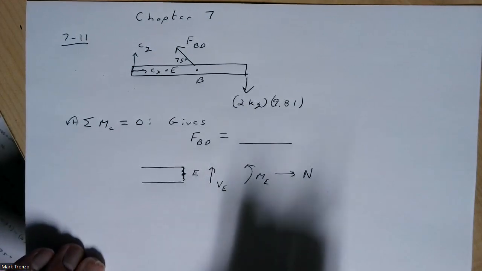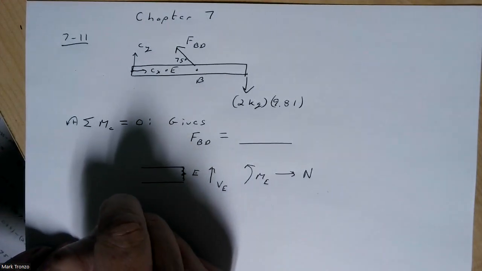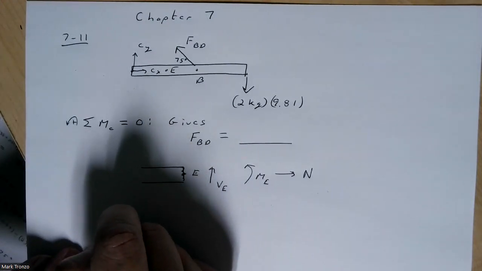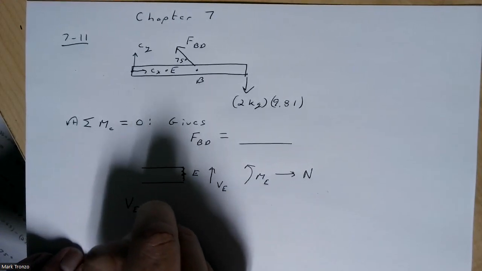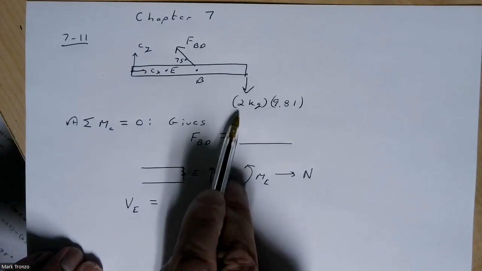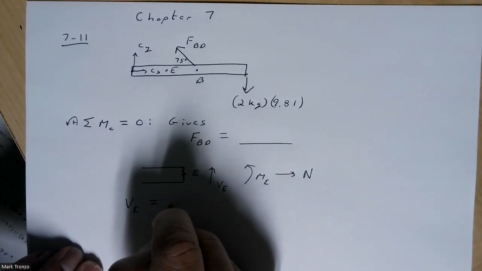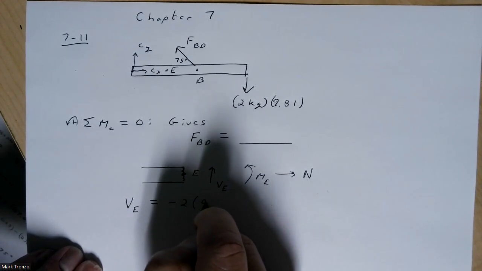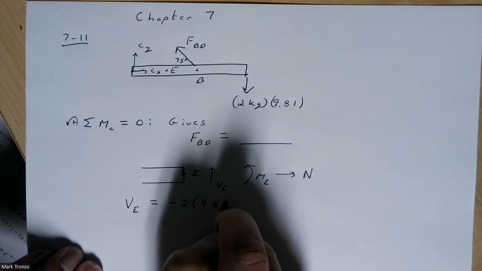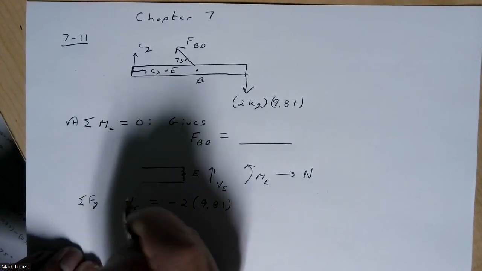And then what you could do, so VE, in my case here, I have this down here, minus 2 times 9.81. So really what I'm doing is summing the forces in the y direction.